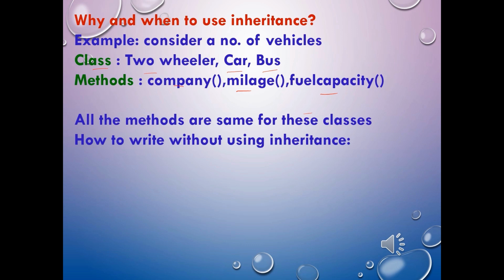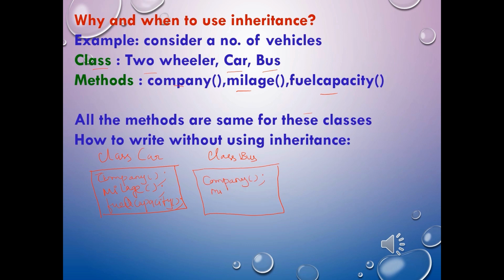Now, to create a class without using inheritance, we have to write class car. Class car will have these 3: company, mileage, fuel capacity. Here we have class bus, which will have the same methods.